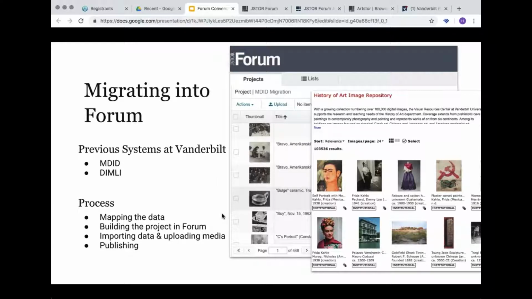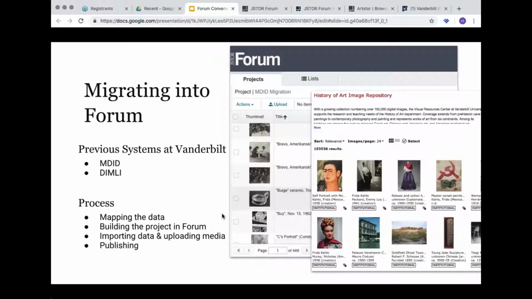The first is the existing landscape that was at Vanderbilt, which you were moving away from, but some of the history to those platforms and the way that those shaped your priorities in deciding to migrate, because obviously there are things that every system does well and that are important to you, and you want to bring those things with you.